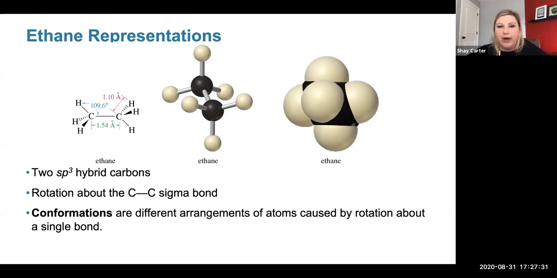Electrons, right? They're shared electrons. Electrons are negative. Negative charges repel negative charges. So what we're going to find is that these bonds do not like being eclipsed. They don't like being that close to each other. So it will rotate so that these bonds are as far away from each other as they could possibly be. Now, we're not talking about the actual groups or the actual atoms. We're talking about the bonds themselves.